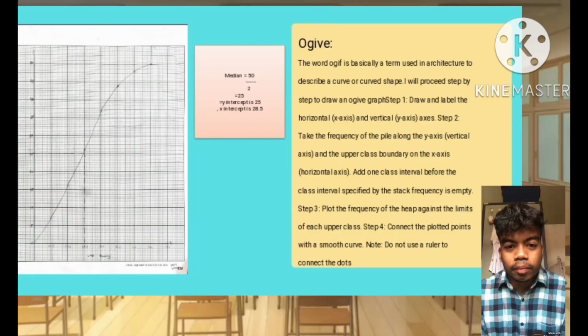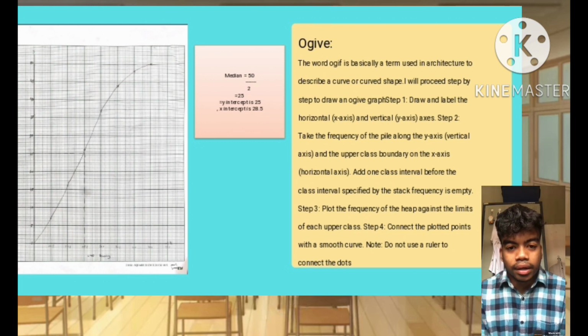Today I want to present about the ogive graph. How to find the median: 50 divided by 2 equal 25, and then the y intercept is 25 and the x intercept is 28.5.